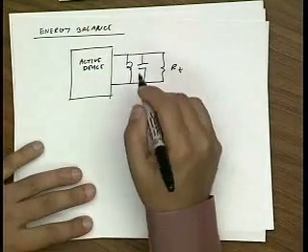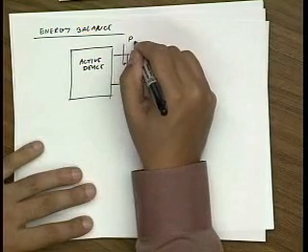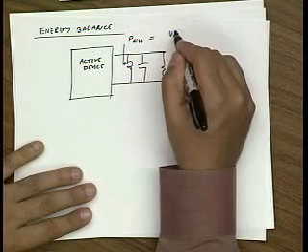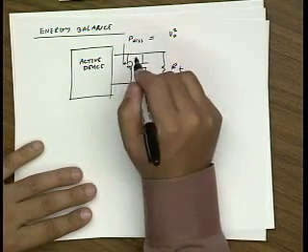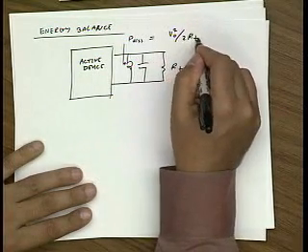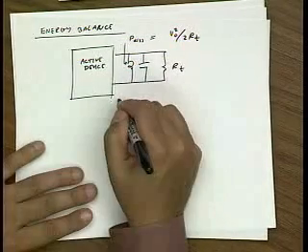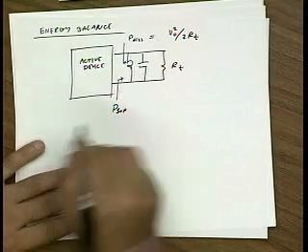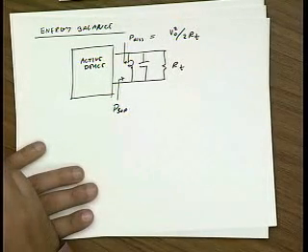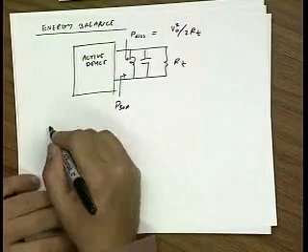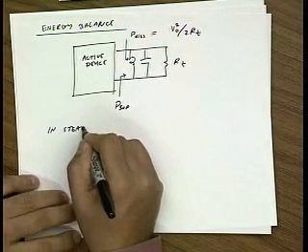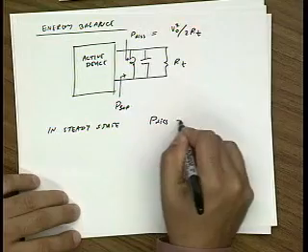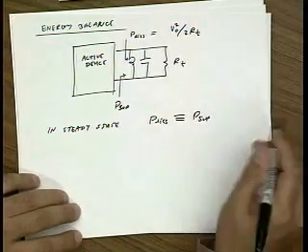So what I could say is that the power dissipated into the tank, which is V squared, the oscillation amplitude squared, divided by 2R_T, has to be balanced by the power supplied by the active circuitry. So in steady state, the power dissipated has to identically equal the power supplied.